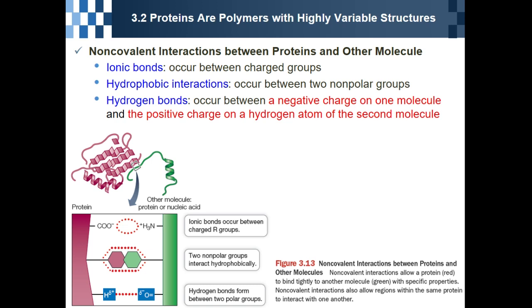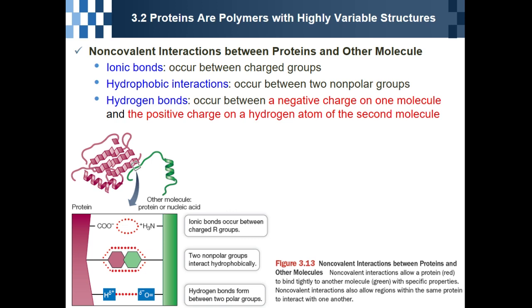So hydrophobic interaction means that it occurs between 2 non-polar groups. And also hydrogen bonding is between the hydrogen and another group, like this. Hydrogen bonding occurs between the negative charge and the positive charge on the hydrogen atom.